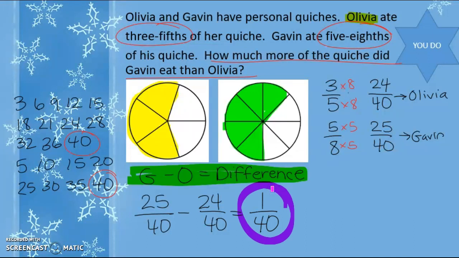So Gavin ate just a little amount, 1/40 more of his quiche than Olivia did. It's a very small amount more. And you can see how we found the equivalent fractions to use here because we found the common denominator by using the least common multiple here.